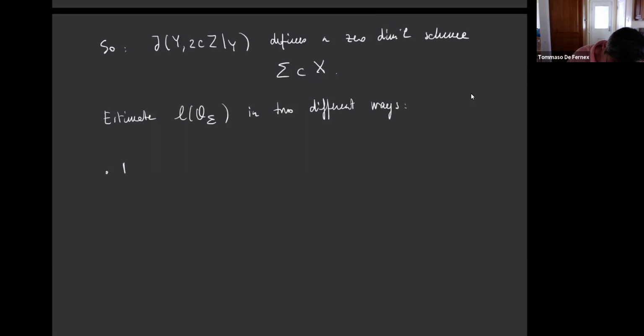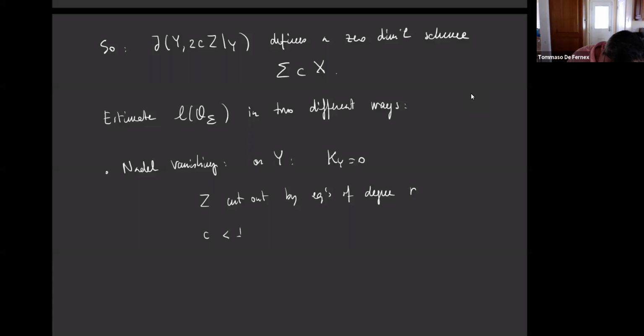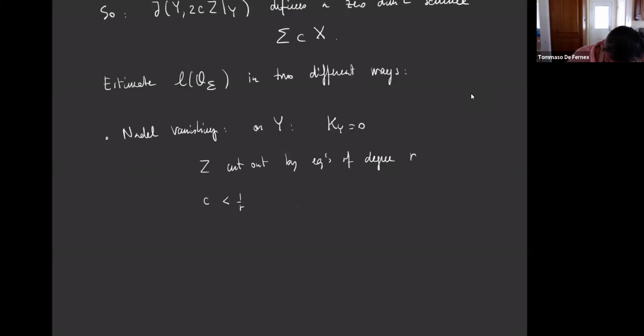So the first way is we're going to use another vanishing. So on Y, remember that KY is trivial, and Z is cut out by equations of degree R, and C is less than 1 over R. Okay, so what I see here is that the sheaf OY of 2 will satisfy exactly the condition in the vanishing theorem, so I don't need to worry about KY because that's trivial.